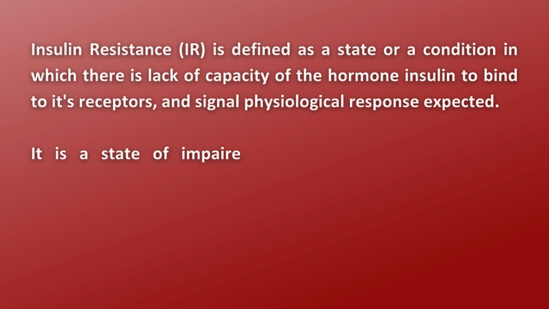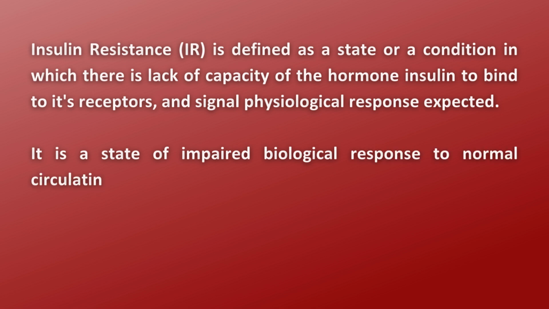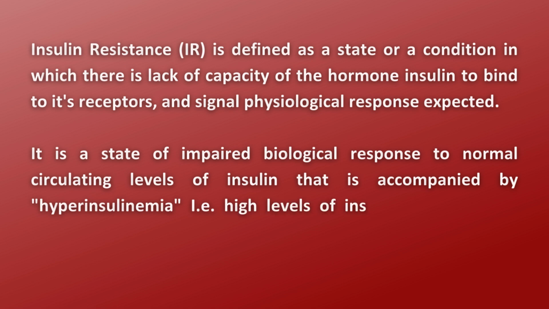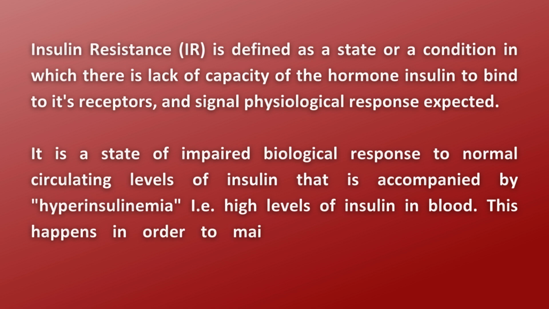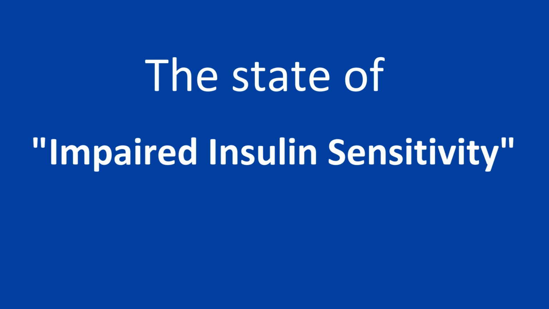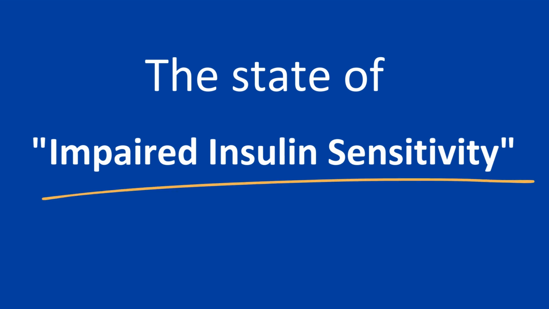It is a state of impaired biological response to normal circulating levels of insulin that is accompanied by hyperinsulinemia, that is high levels of insulin in blood, which happens in order to maintain the normal plasma glucose concentrations. In other words, or rather perfect words, it can be called a state of impaired insulin sensitivity.